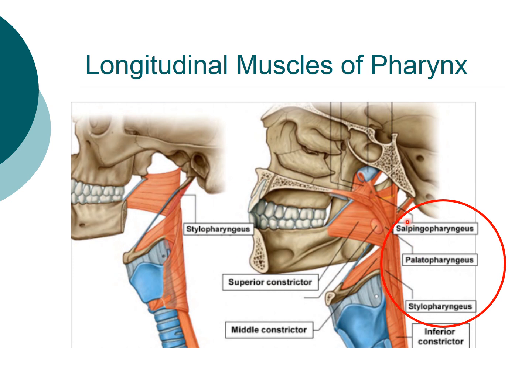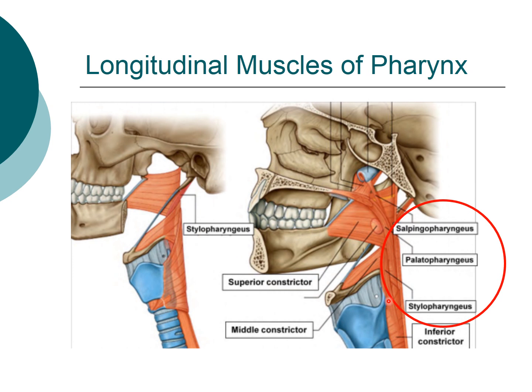Salpingopharyngeus is this one here, coming from this Eustachian tube going downwards. The other one from the palate, palatopharyngeus. The third one from the styloid process, stylopharyngeus.